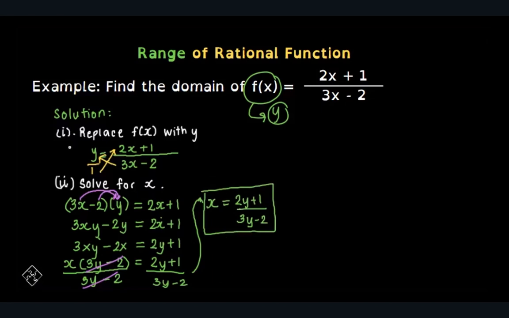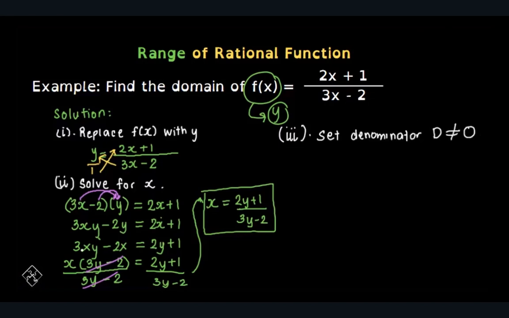Kung mahanap na natin yan, ang third step natin, we will set, okay? Ang third step natin ay we will set the denominator not equal, okay? Yung denominator, pwede siyang isulat na d, no?